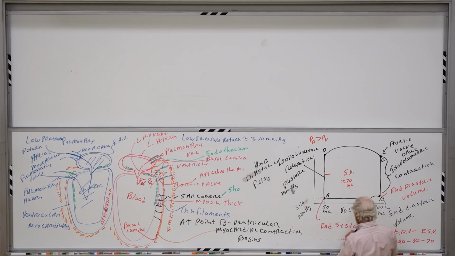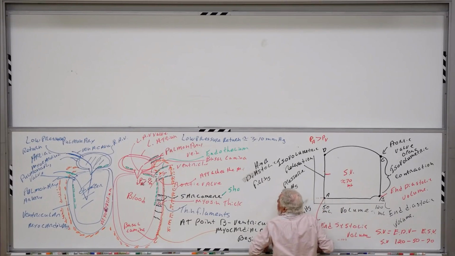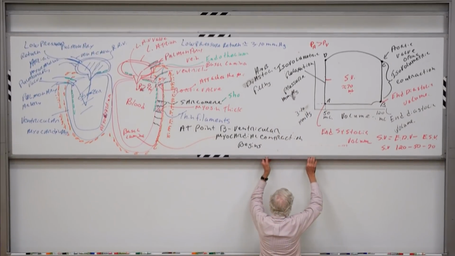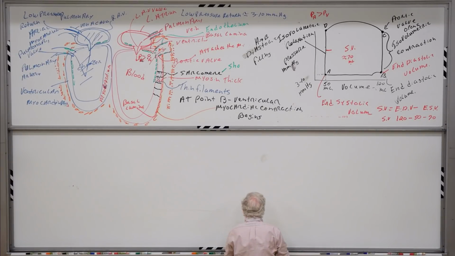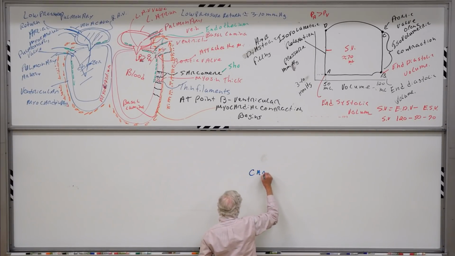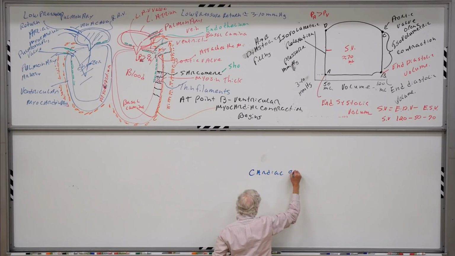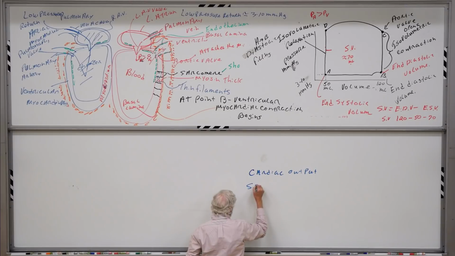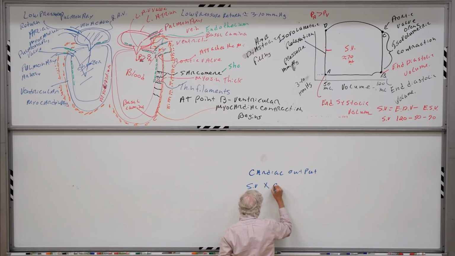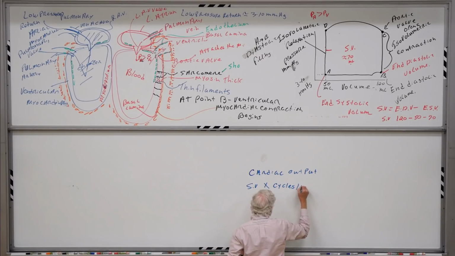But along with this is the concept of the cardiac output. And the cardiac output is the stroke volume times the cycles per minute.